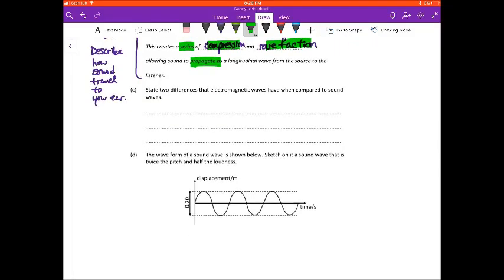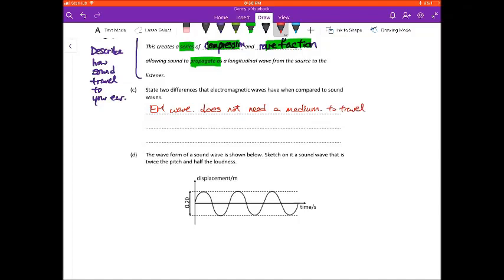Two difference of electromagnetic wave compared to sound wave. So electromagnetic wave, well, your EM wave does not need a medium. Okay, it does not require a medium to travel.